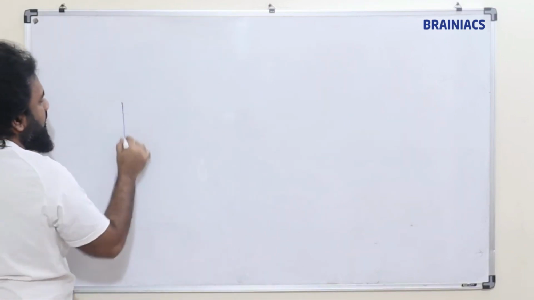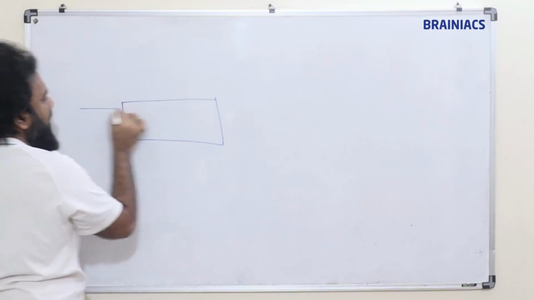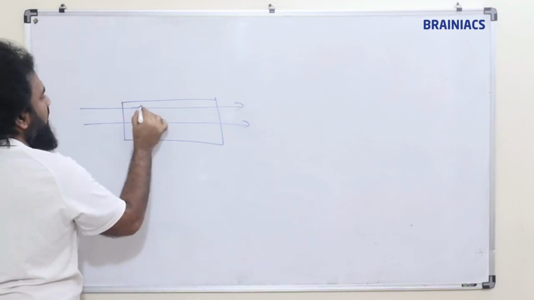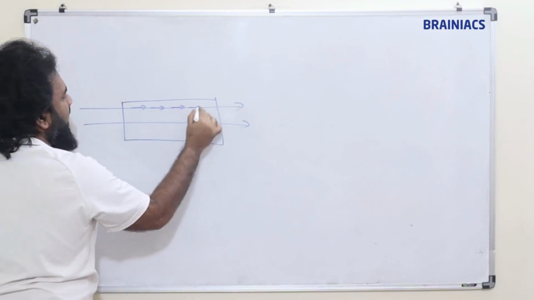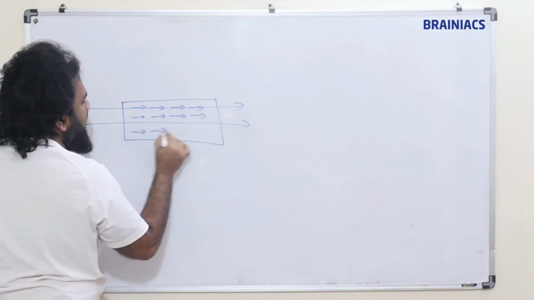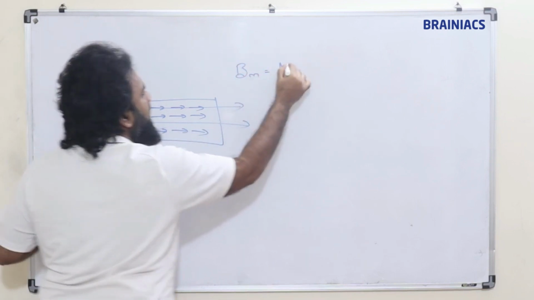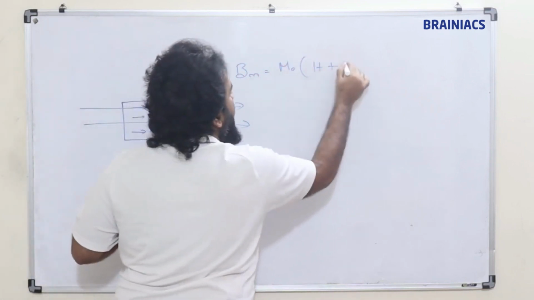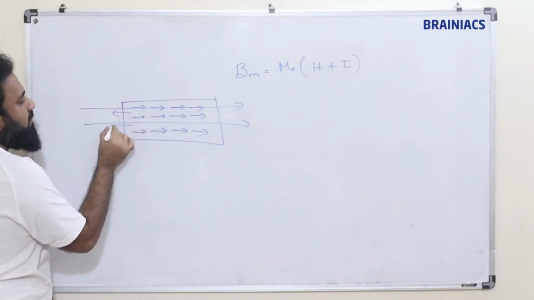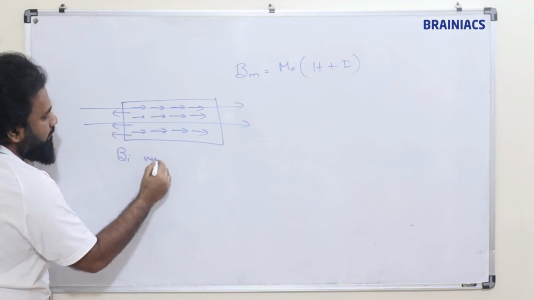What will happen? Suppose this is a specimen and we are applying an external magnetic field. There will be alignment of magnetic dipoles, so the magnetic field due to the material will be mu naught into H plus I, and there will be an induced magnetic field, very small.